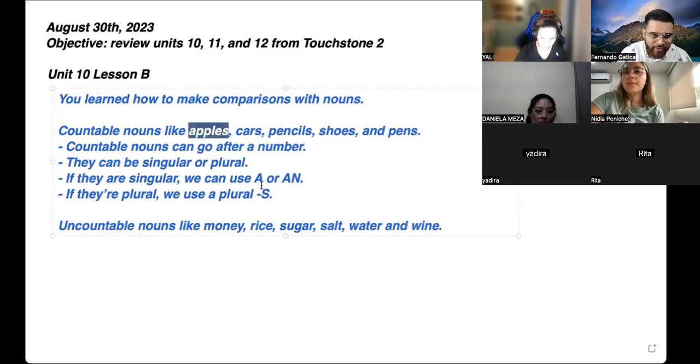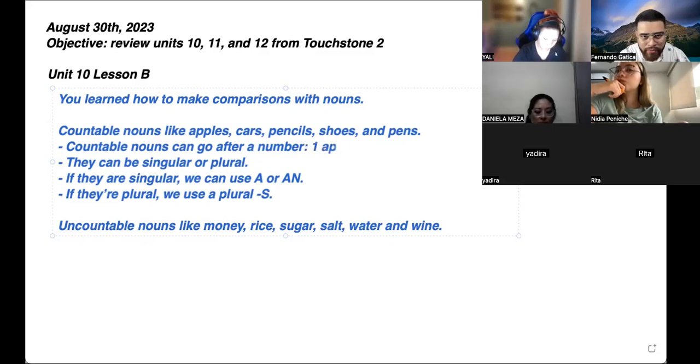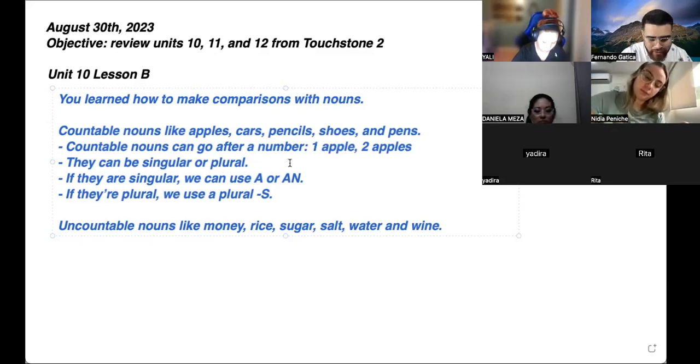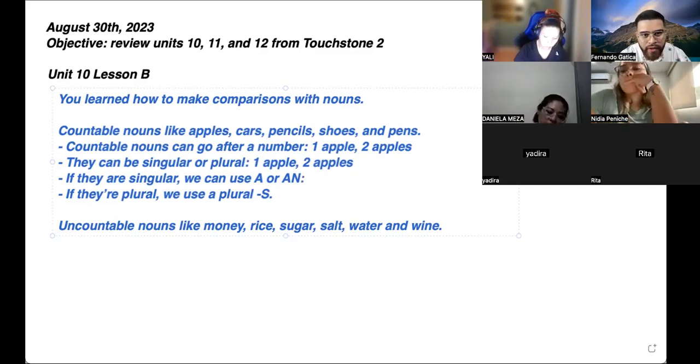Like the first word, apples. Apples can go after a number, like 1 apple, 2 apples. It can be singular or plural, like 1 apple or 2 apples. And if they are singular, we can use a or an, like an apple, or another word, a car.